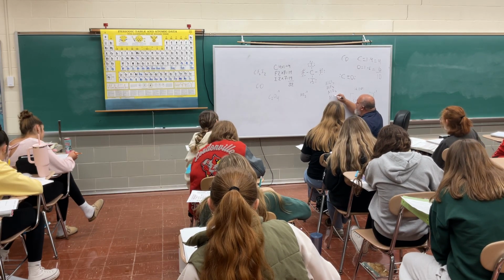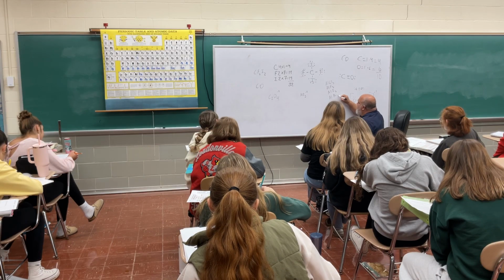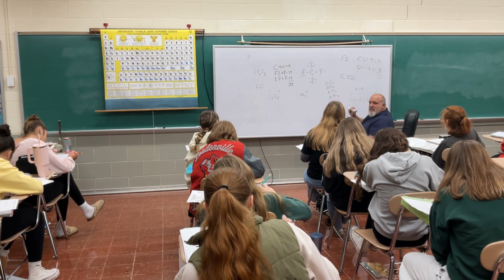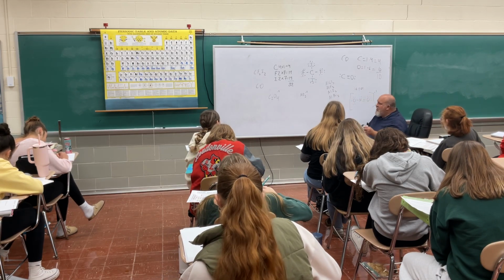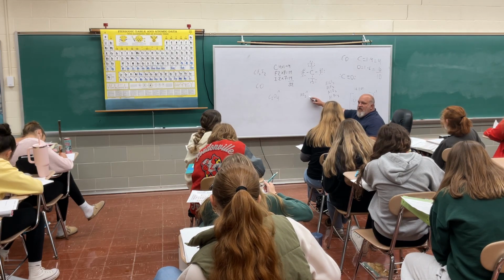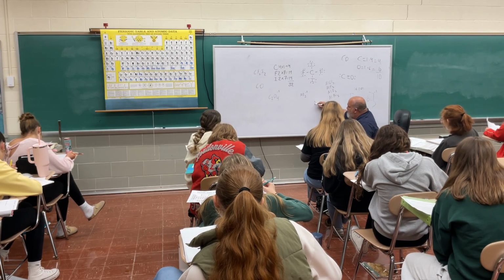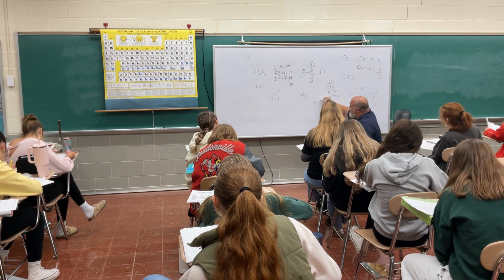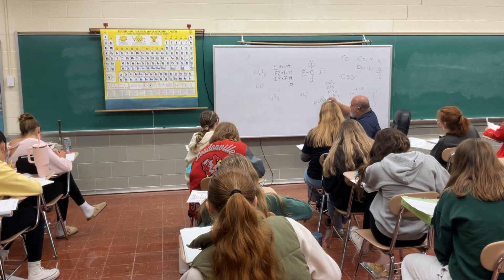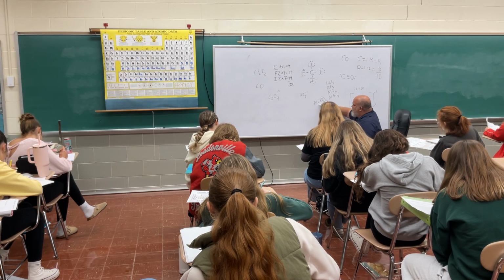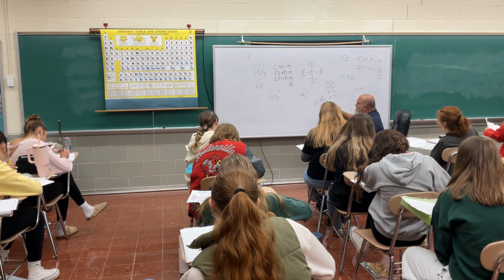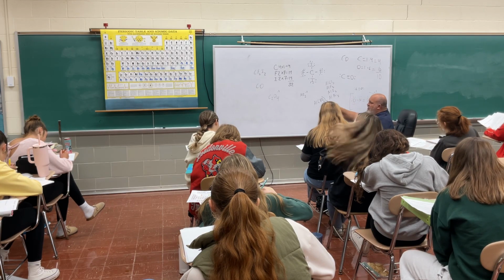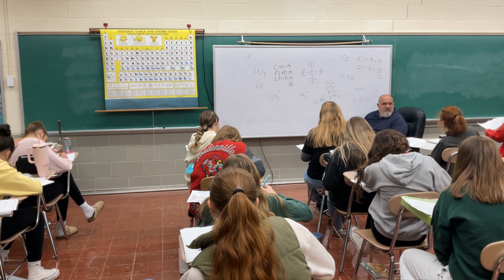What's aluminum bromide look like? Because it's a +3 and a -1. Watch this. What if aluminum were to bond with nitrite? Now we put parentheses. The -1 goes down here, the +3 goes down there. There's aluminum nitrite. Anyone seen that?